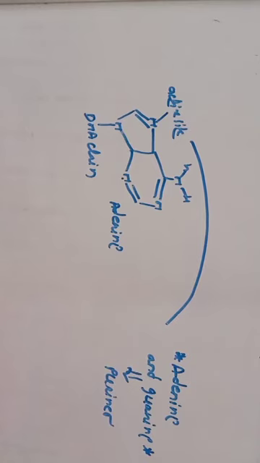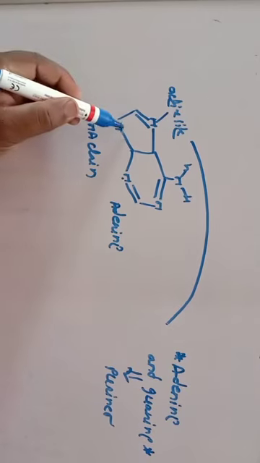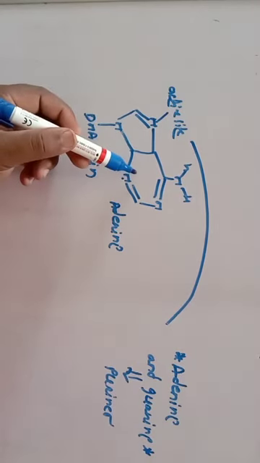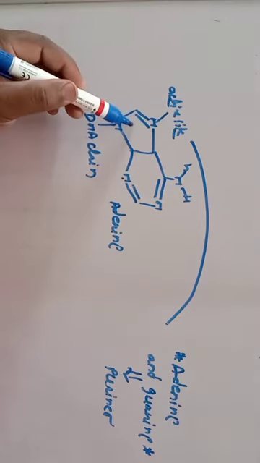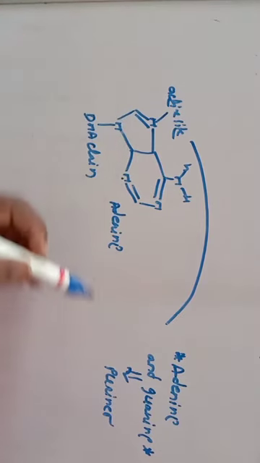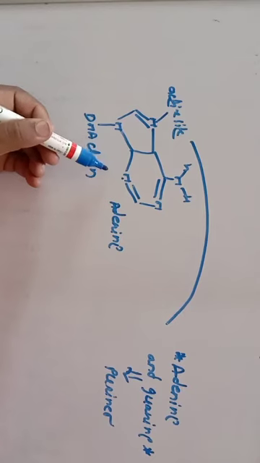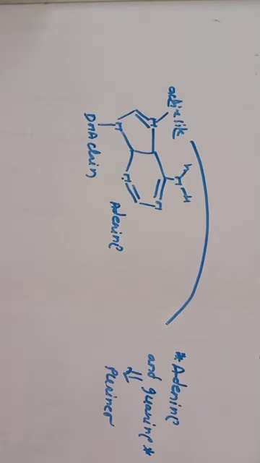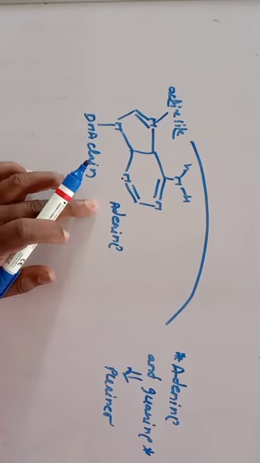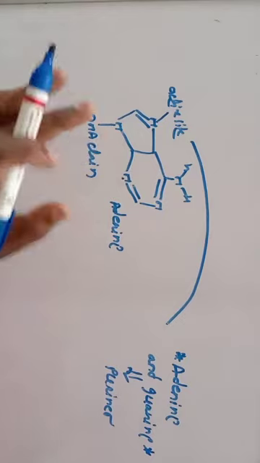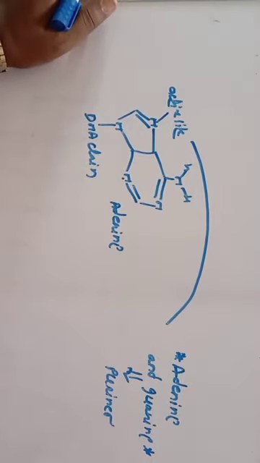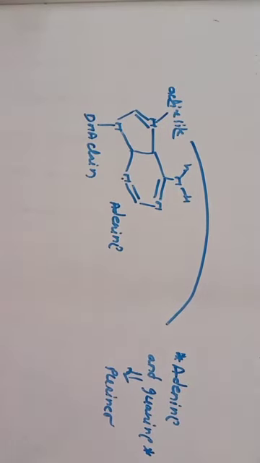The six-membered ring is attached to the imidazole ring. So this structure contains a six-membered ring and also a five-membered ring, which is an imidazole ring. So adenine and guanine contain one six-membered and one five-membered ring. These are the nitrogen bases present in DNA molecules.